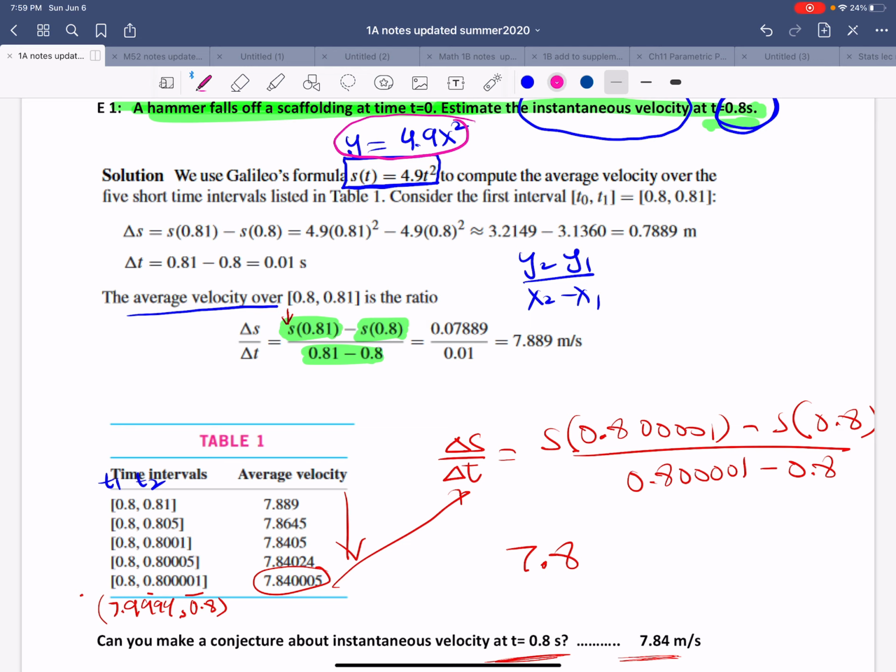Once we find s of 0.81, that's the change in position, which is given, and then the change in time, which is given as well. And this is going to be, let me check really quick, I think there's a typo here.